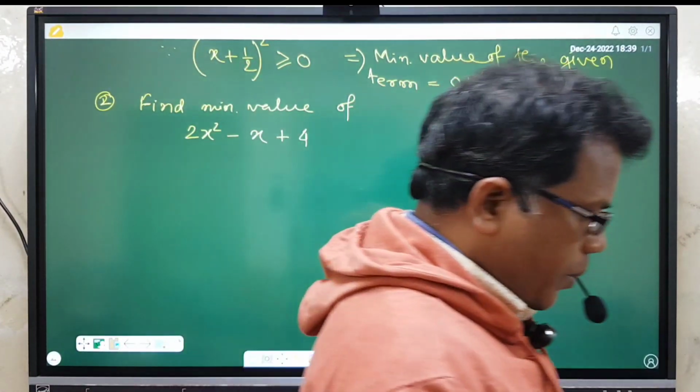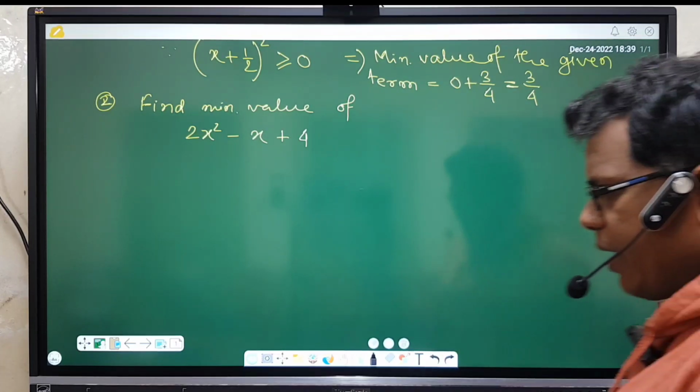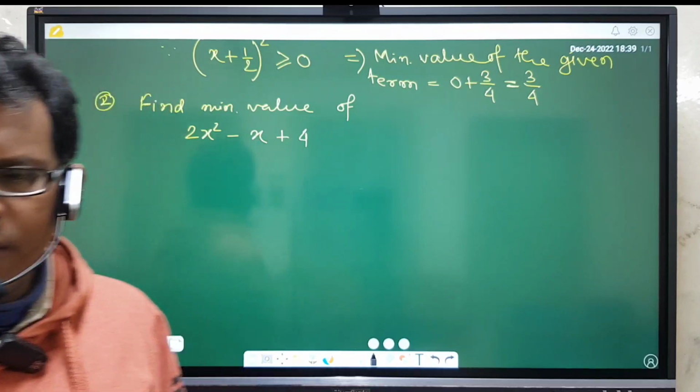Simplify the expression such that the x power 1 carrying term should be simplified as if it is in 2ab format. Are you getting me? If you can simplify it as 2ab format, then definitely you can do this.